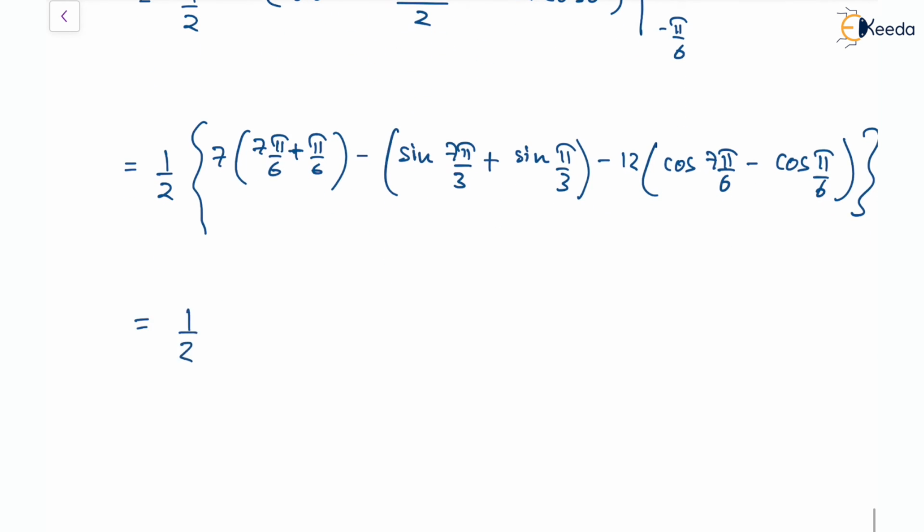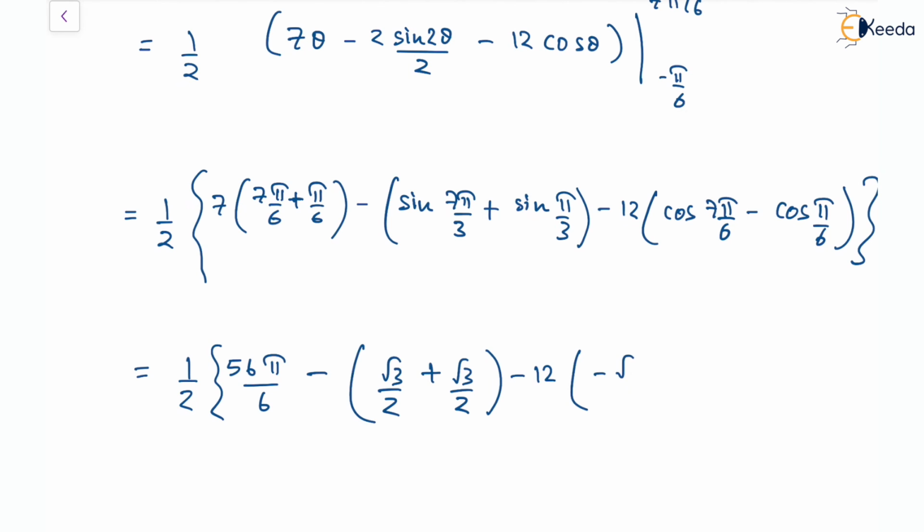That's it. So 8 pi by 6 times 7, minus root 3 by 2, and sine 60 will also be root 3 by 2, minus 12 times minus root 3 by 2 and minus root 3 by 2.